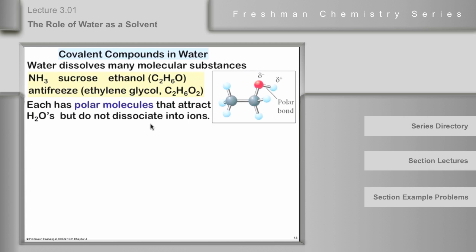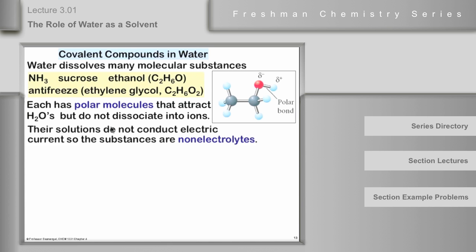But no ions are formed. So if we took this solution of ethanol and put it in the light bulb apparatus, nothing happens. No ions, no light. So these are polar molecules. They're soluble in water, but they're non-electrolytes because they don't form any ions.